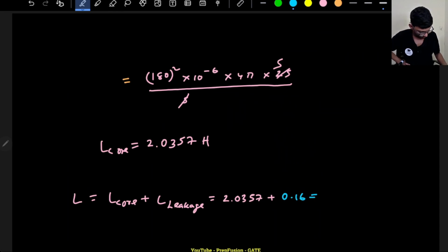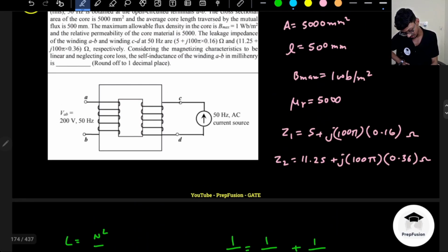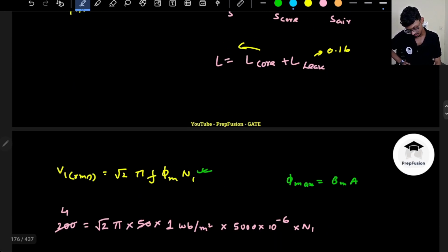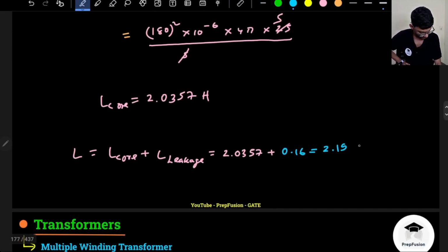So ultimately the value comes out to be 2.195 or 196 Henry. Remember, they have asked in millihenry. So I will write down still more decimal places. This is 2.19575 Henry. In millihenry, this will be 2195.7 millihenry.